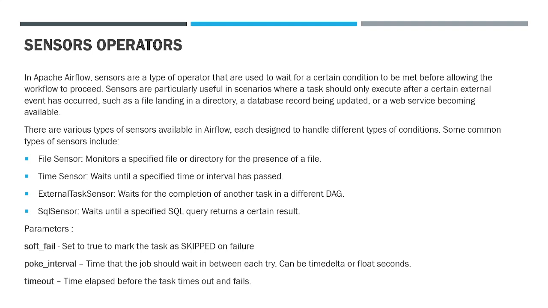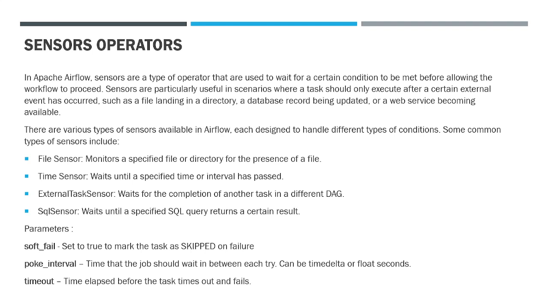Until the condition is met, it causes the workflow in a DAG to be stuck. Once it's met, it is marked as success, and we move to the downstream task, or else it will wait for the condition to be met until the timeout period. After the timeout period, the task will fail.